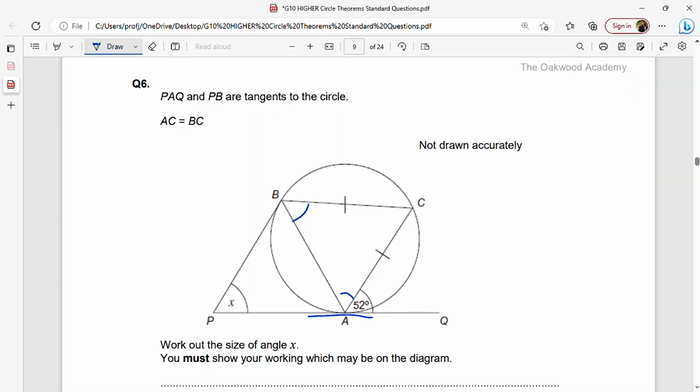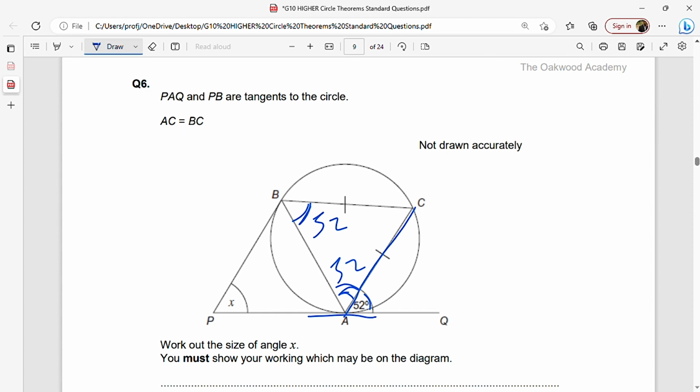There is a tangent here, and then there is a chord touching that tangent, which means that this angle here will be equal to this one here. That's 52. And because it is an isosceles triangle, here automatically becomes 52 as well. Alright, so I've gotten 52. We are looking for the size of angle X.